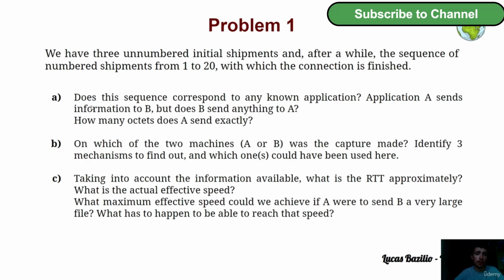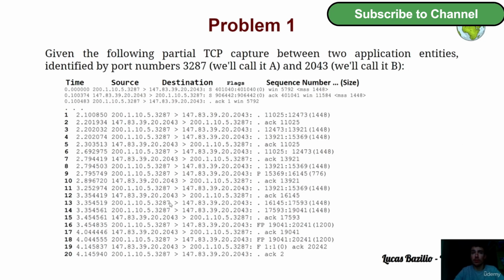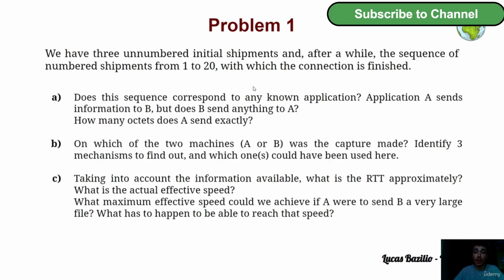So let's begin. The first question of this point A is, does this sequence correspond to any known application? Well, this is a very easy, very short question, and there's a very trivial way to know if this is true or false. Remember, a known application is any application that has a port from the range from 0 until 1023.